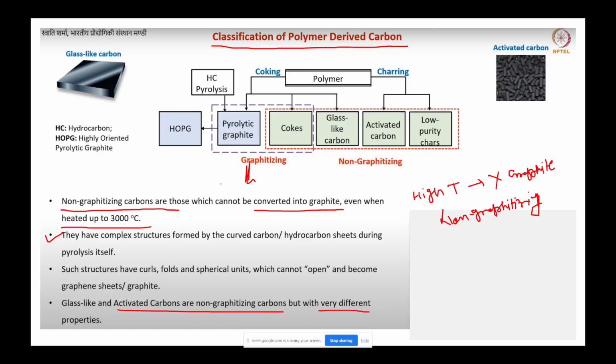And here, in the opposite, I have introduced non-graphitizing carbon. But what is graphitizing carbon? It is the opposite. It can convert into graphite. Okay, so this is what?